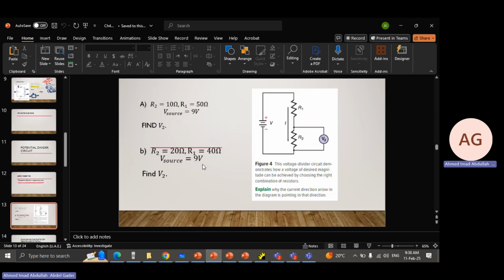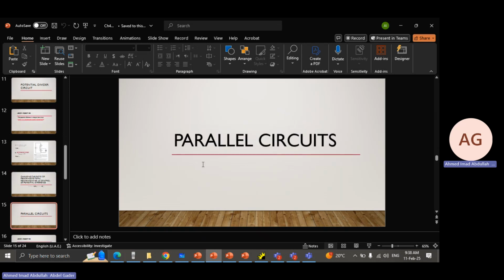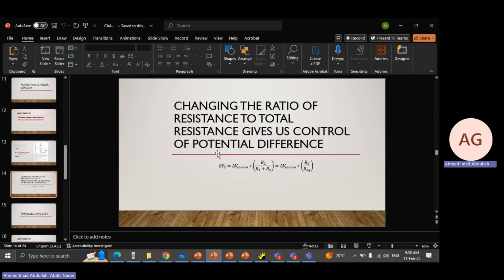The potential divider circuit is a series circuit which distributes the voltage across the resistances corresponding to the value of the resistances. And the formula for the potential divider circuit is given here. Delta Vn in general equals delta Vs times Rn over R equivalent.